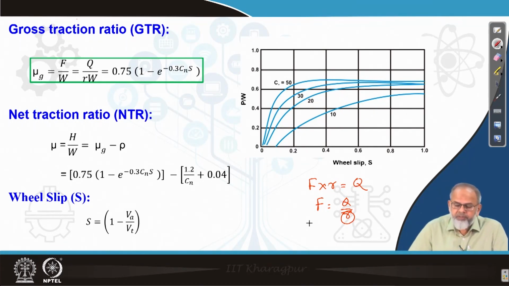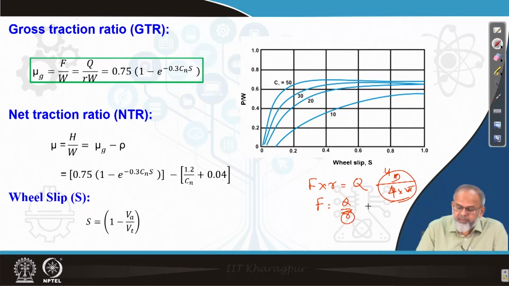We have to run the wheel and then, taking the number of revolutions, divide the distance by n into 2 pi. Suppose we make 4 revolutions, then whatever distance it covers, d divided by 4 into 2 pi, that will give you the rolling radius.